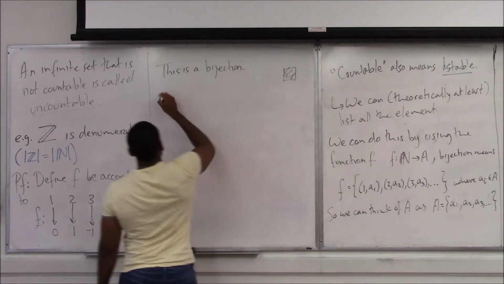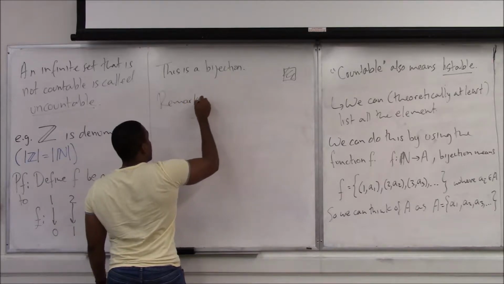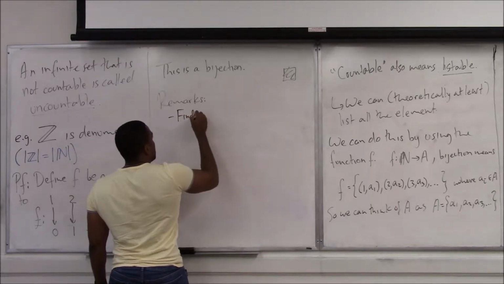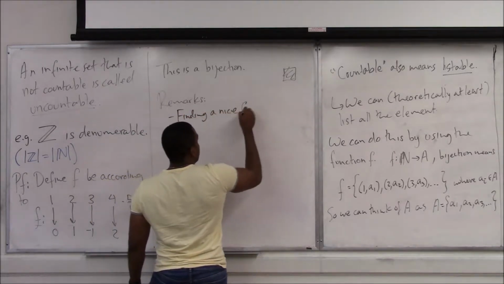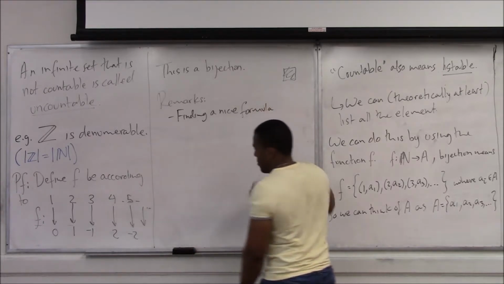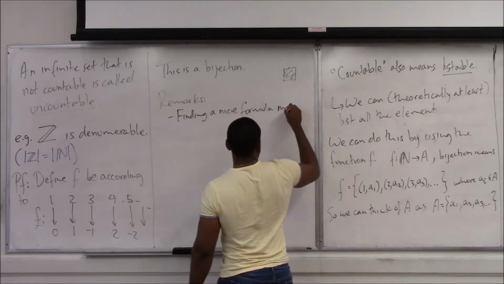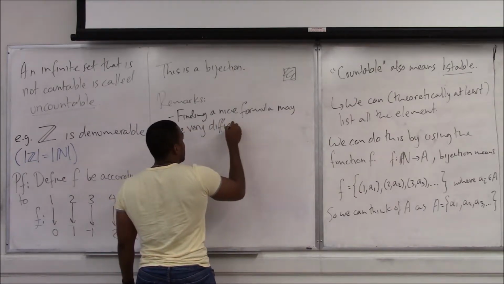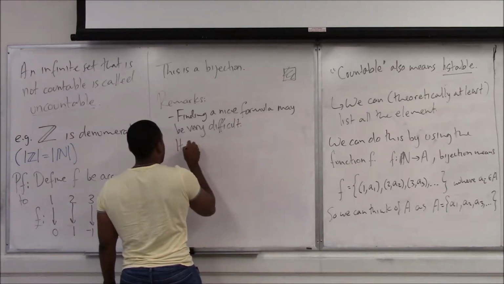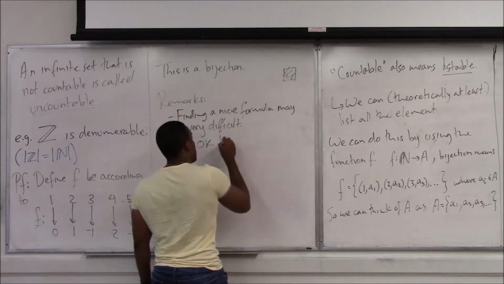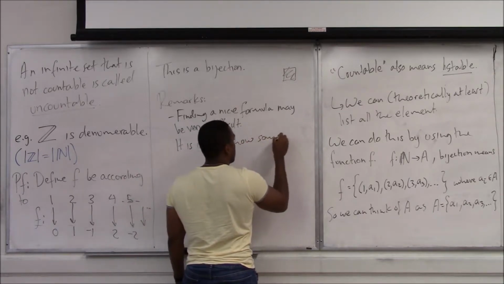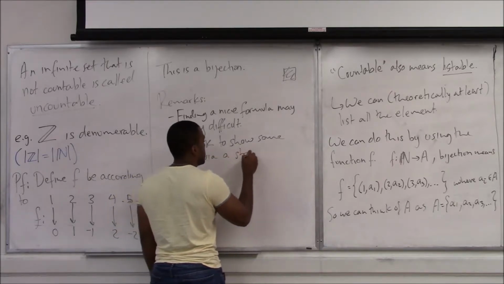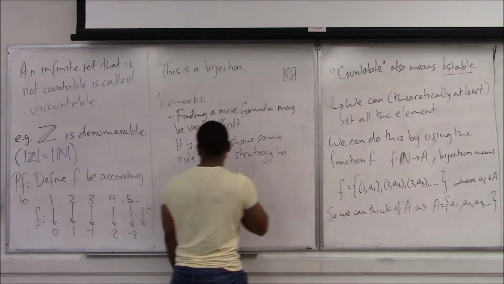Some remarks though. Finding a nice formula may be very difficult. We don't want to think of functions just in terms of formulas. It is okay at this point to show some rule via a strategy to list all elements.